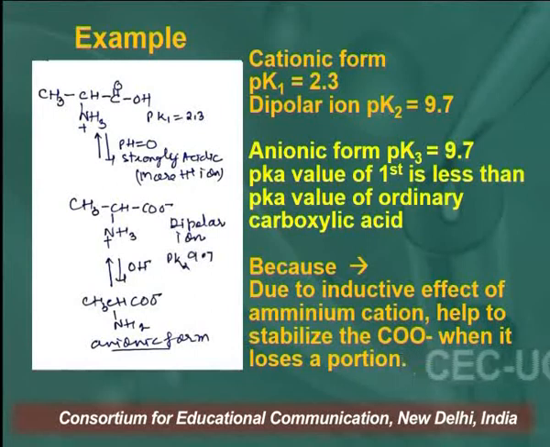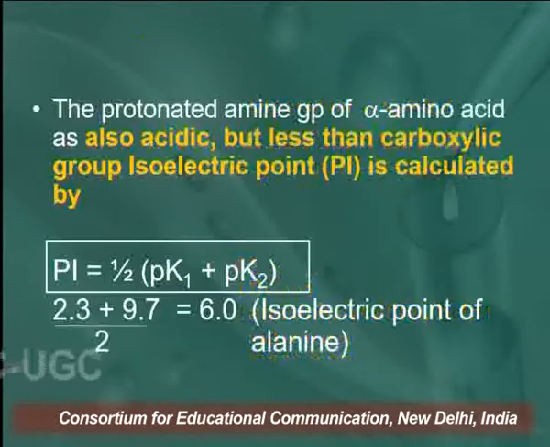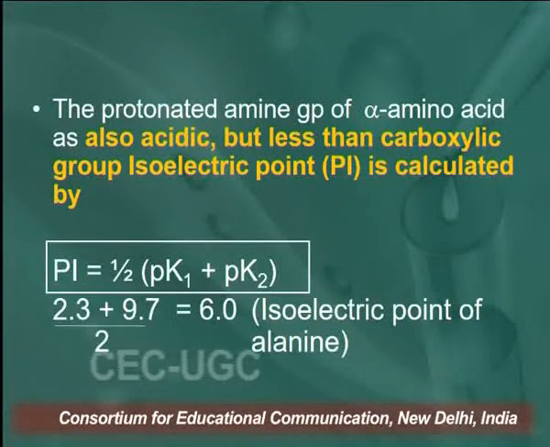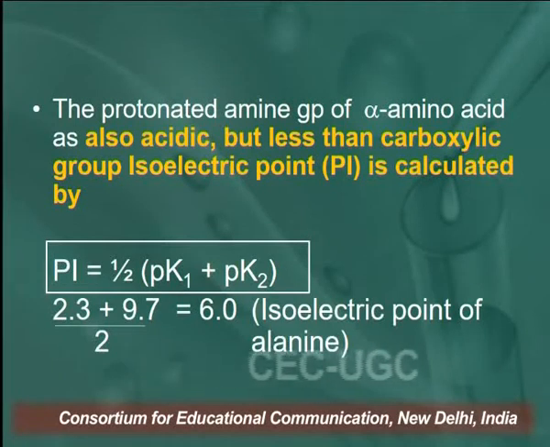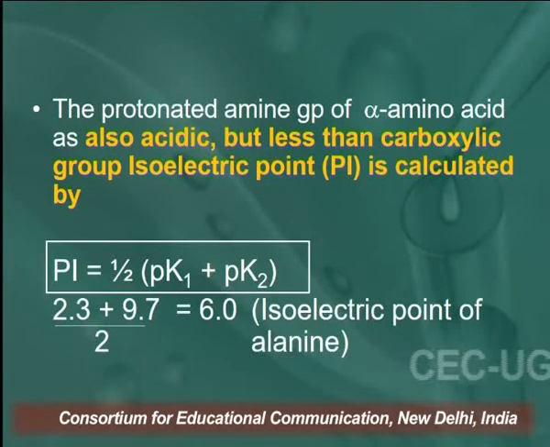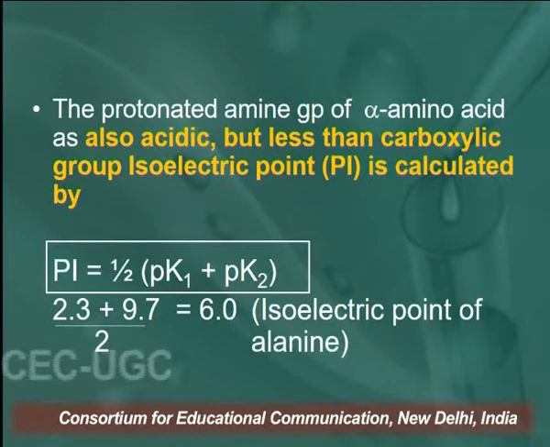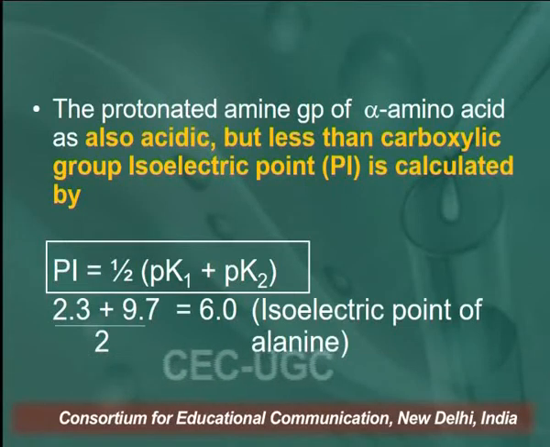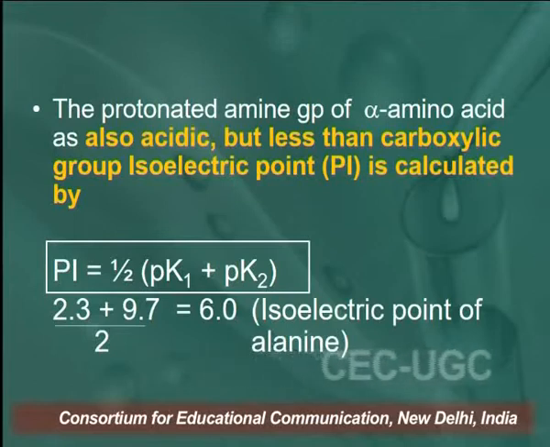That NH3 group creates an inductive effect, and due to that inductive effect of the ammonium cation, it helps to stabilize the carboxylate ion when it loses the proton. So the protonated amine group of an alpha amino acid is also acidic in nature, but less than the carboxylic group. Isoelectric point is calculated on the basis of that.